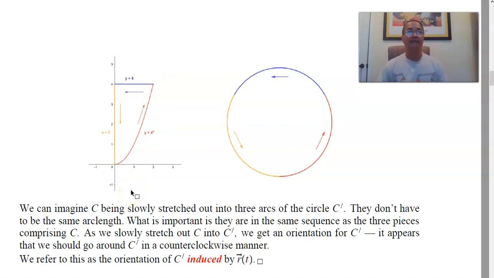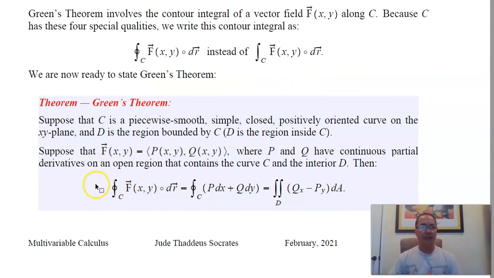orientation. So here is Green's theorem, but I want to point out that we have a symbol here that we haven't exactly seen. It's just a stylized version of the usual contour integral. But because we want to emphasize that we're going a counterclockwise way, we draw this circle around the integral.